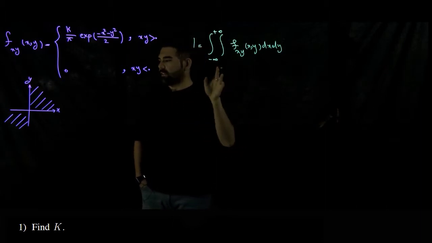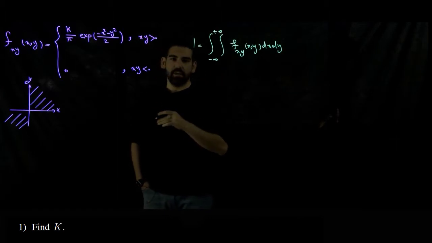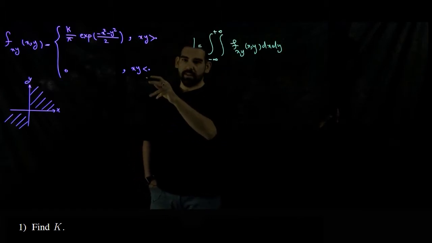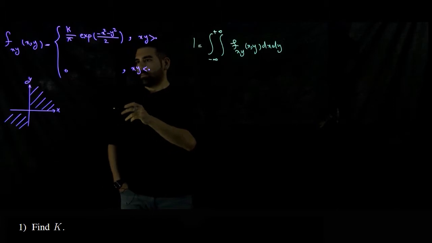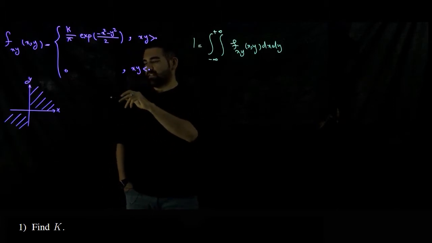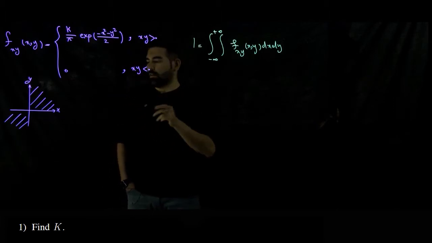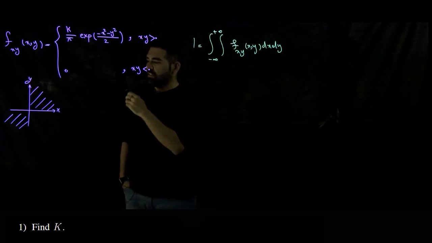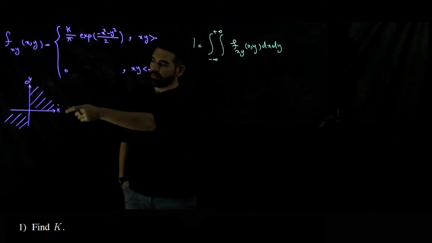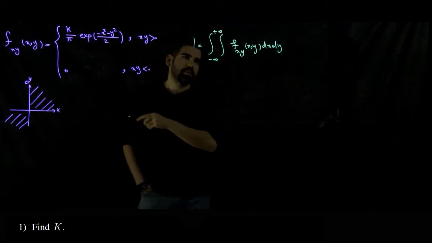Now note that in regions where xy is negative, the probability distribution function is 0, and hence its integral is also 0. So we just need to do the integration over the two shaded areas as shown in this figure.